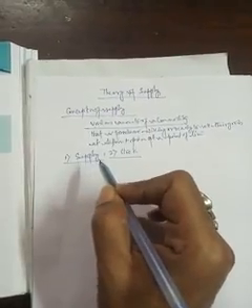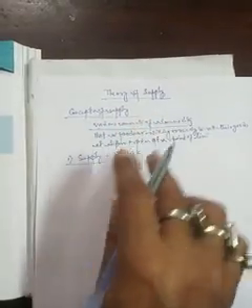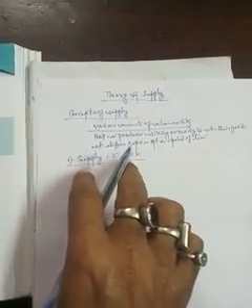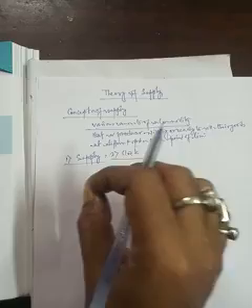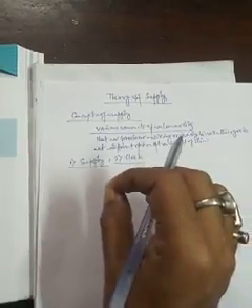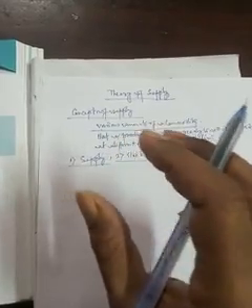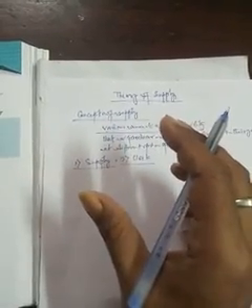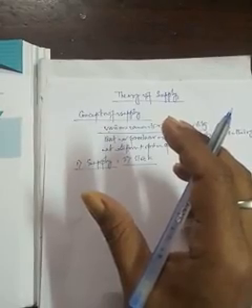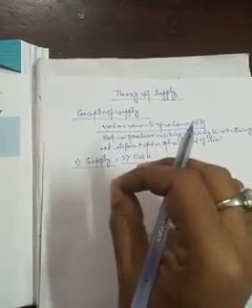In economic sense, there are two different concepts of supply and stock. At a particular point of time, how much amount of goods a producer has available in his or her hands, that is stock.